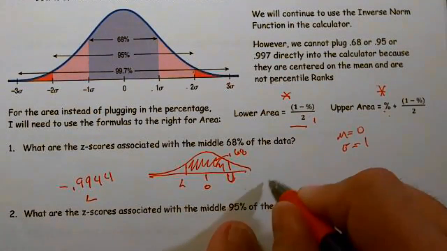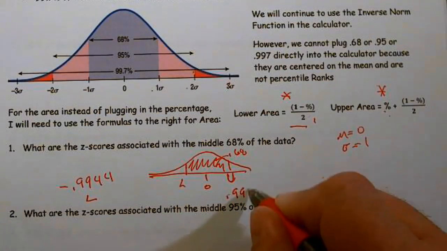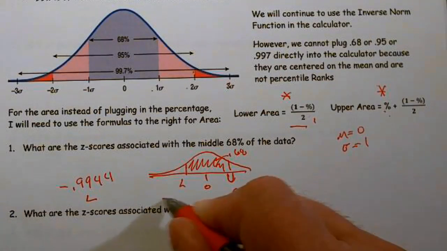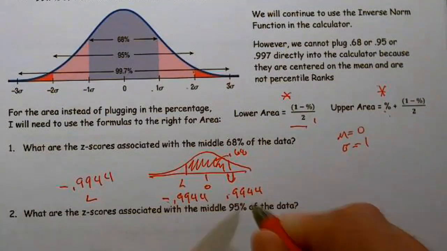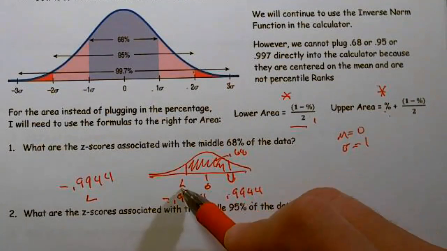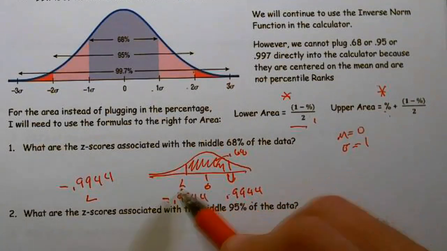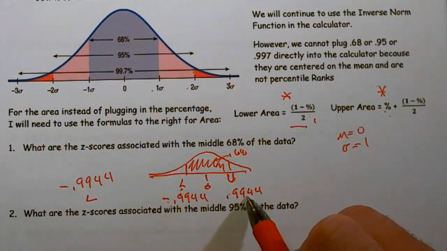Let's think about this for just a moment. So we have an upper bound of 0.9944. Lower, negative 0.9944. Upper, positive 0.9944. Well, the lower should be negative because it's below 0. The upper should be positive because it's above 0.